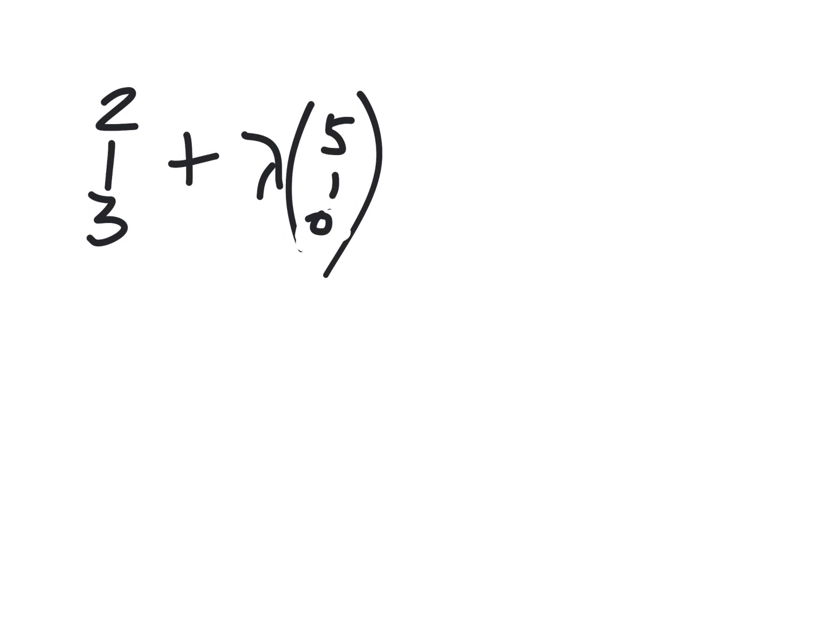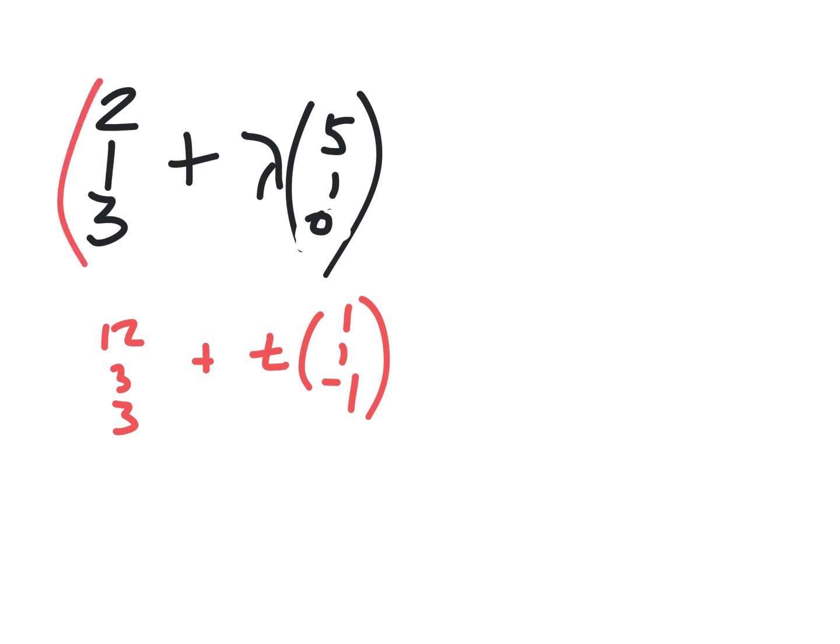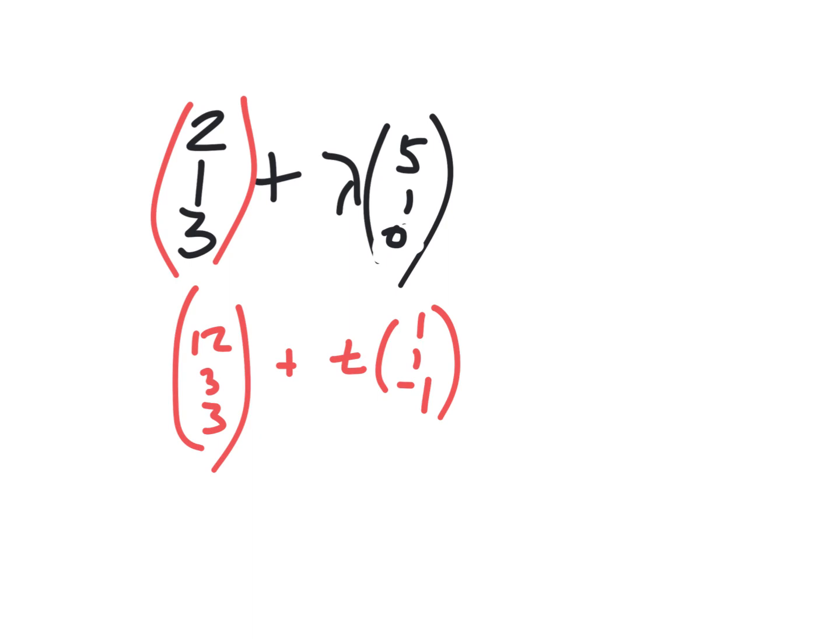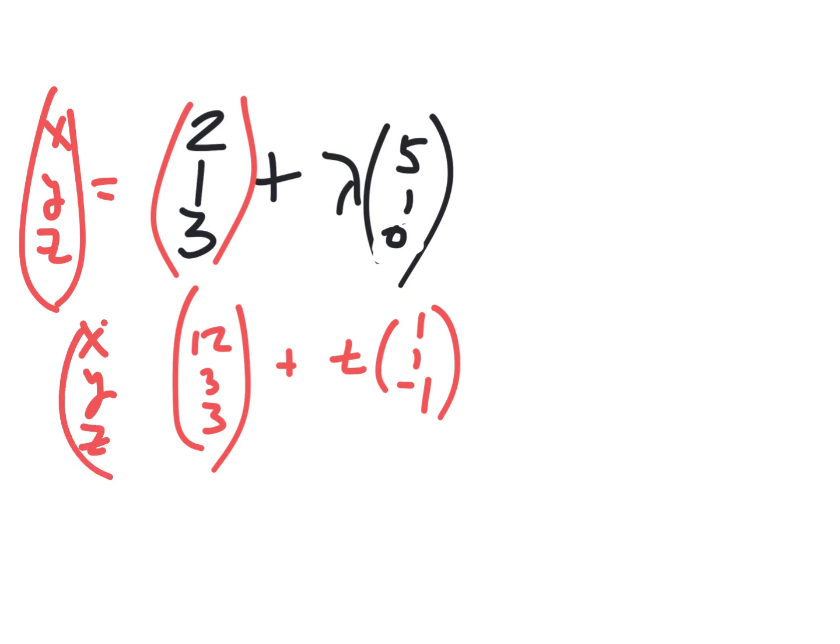I'll make it a different color. 12, 3, 3 plus t times 1, 1, negative 1. So the question is, do these vectors, which technically need an x, y, z in front, but it's kind of just wasting time, so okay, fine, I'll put them. X, y, z, there. Okay.